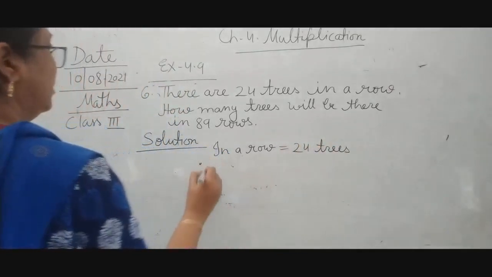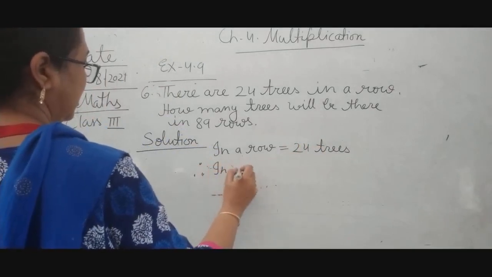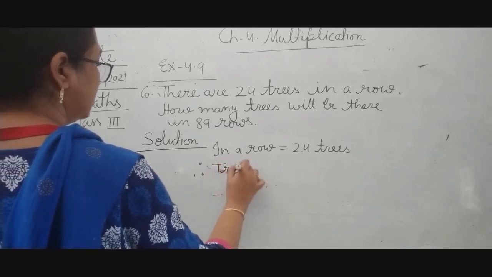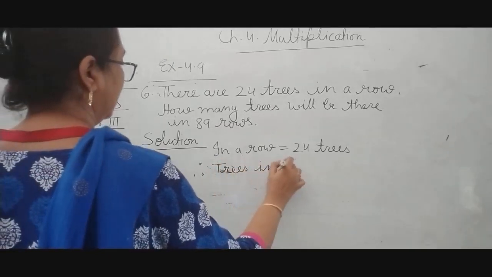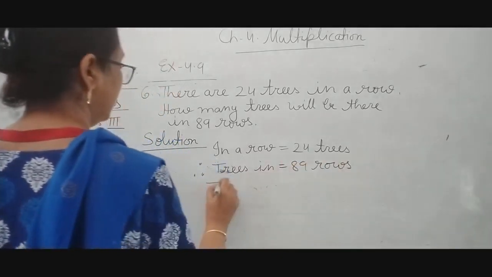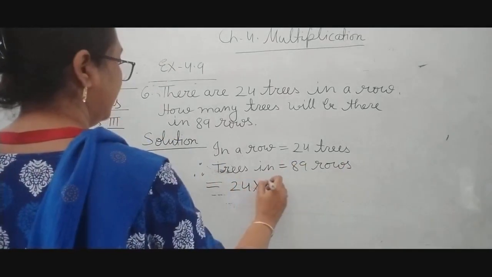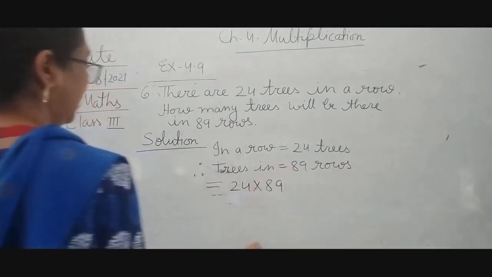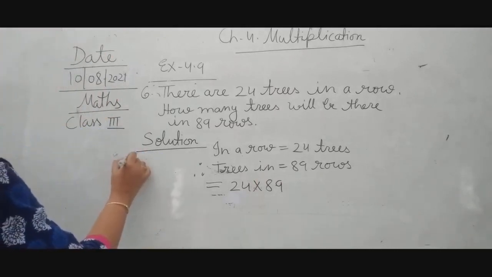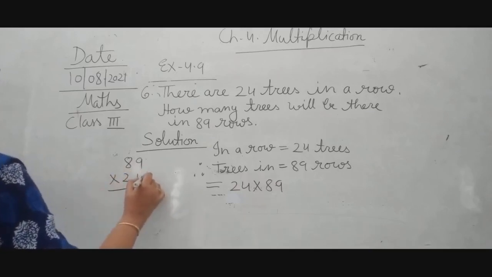Therefore, trees in 89 rows equal to 24 multiplied by 89. Okay, so here 24 multiplied by 89, so we will just multiply by 24.